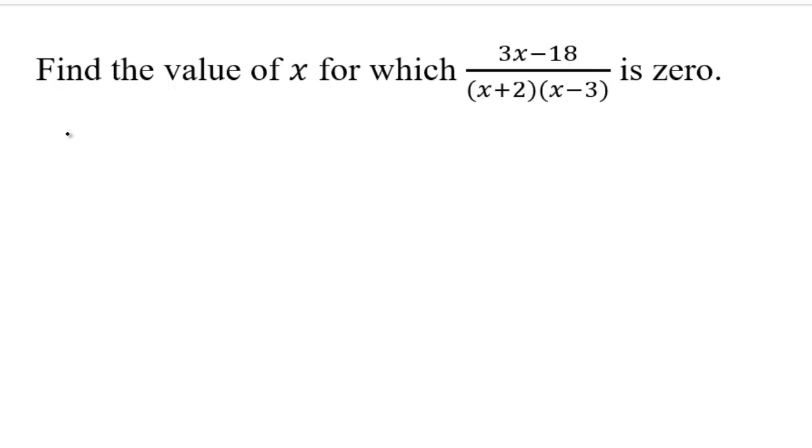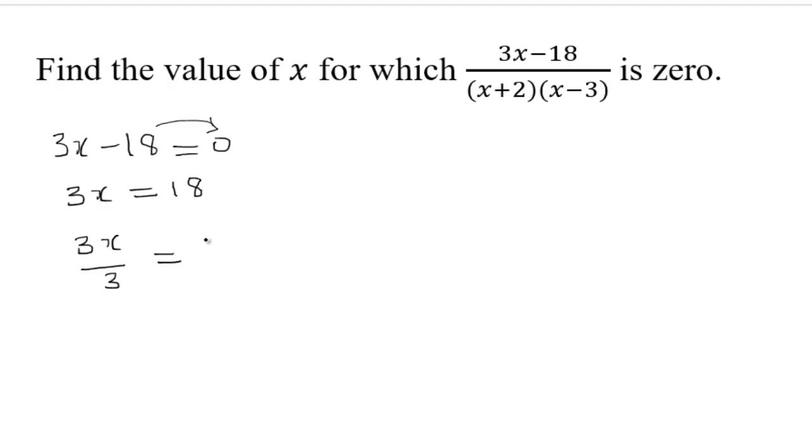So the numerator is 3x minus 18 equated to 0. Then we bring 18 to the right side of the equal sign, and that becomes 3x is equal to 18. And then we divide through by 3 to find the value of x.